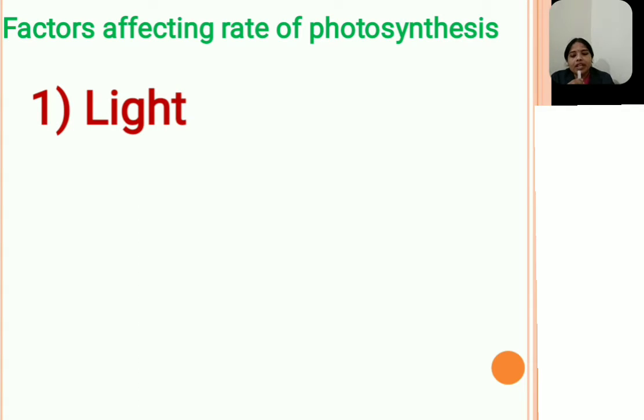So intensity is also an important point under the light.